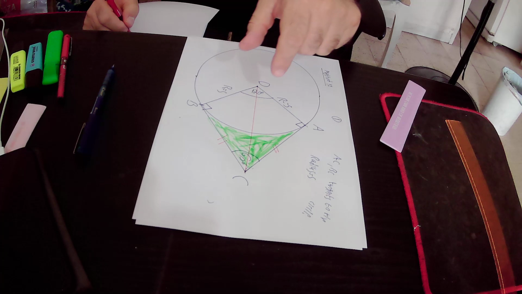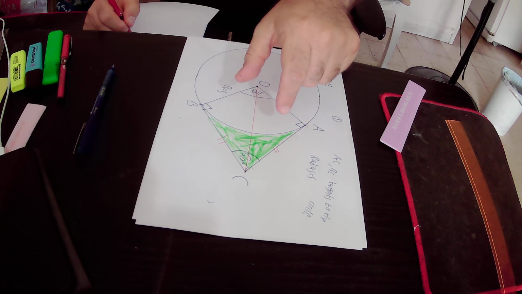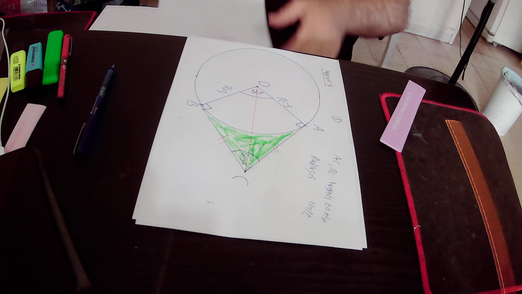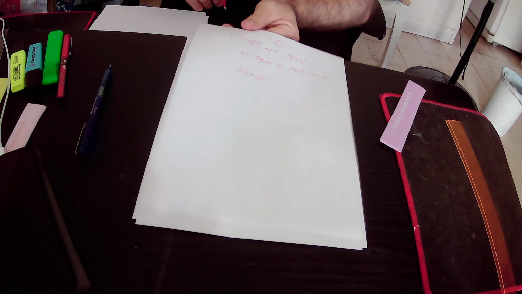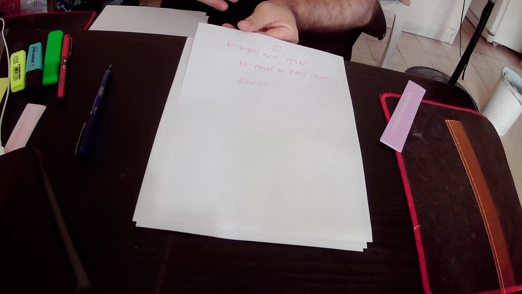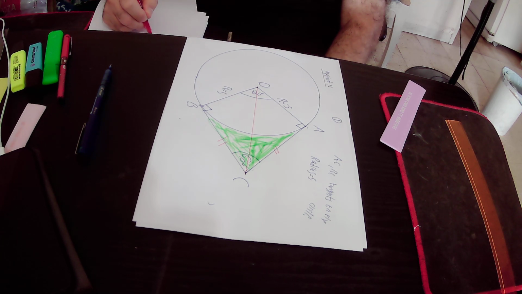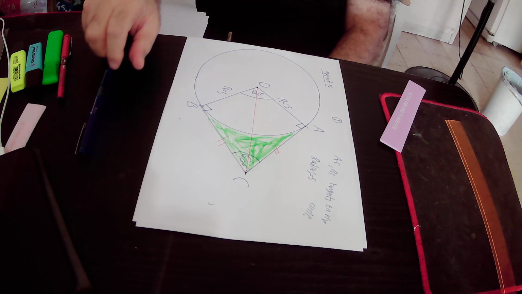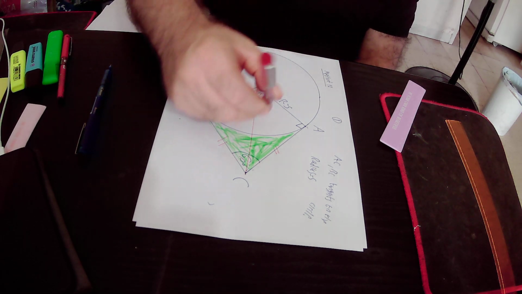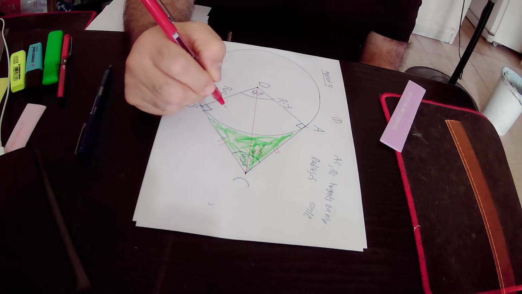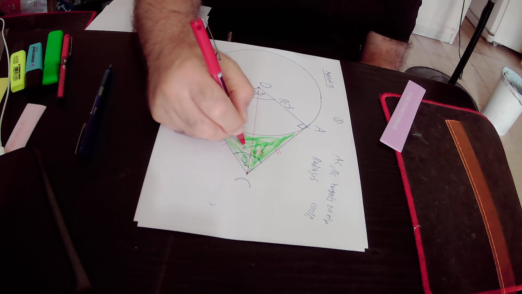We know that the sum of those two angles must be equal to 60 degrees. So we have 2x equals 60 degrees. We divide by 2 and get x equals 30 degrees, so angle OCA equals 30 degrees and angle OCB also equals 30 degrees.